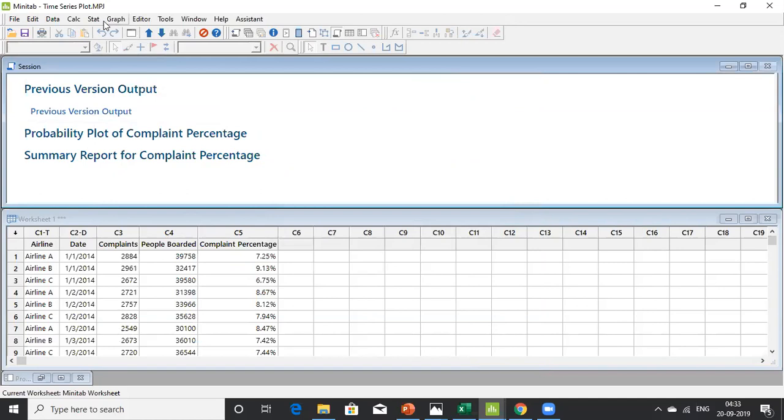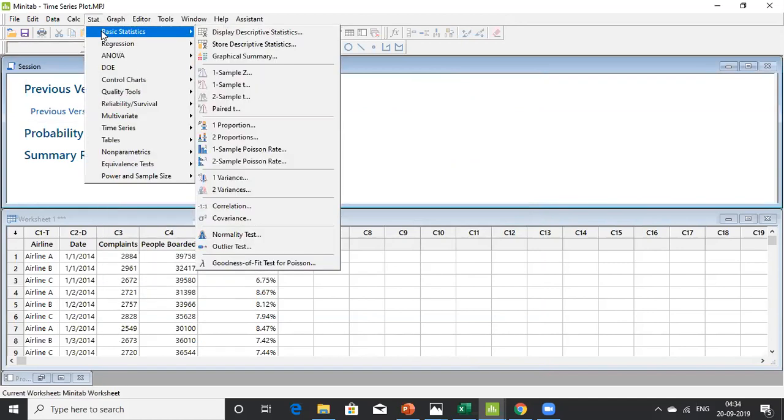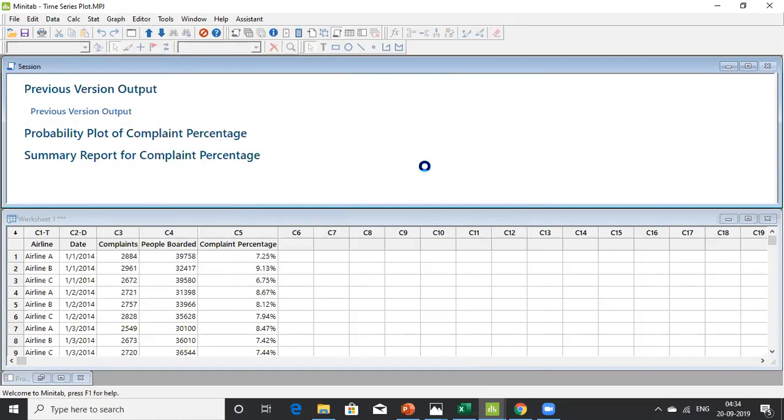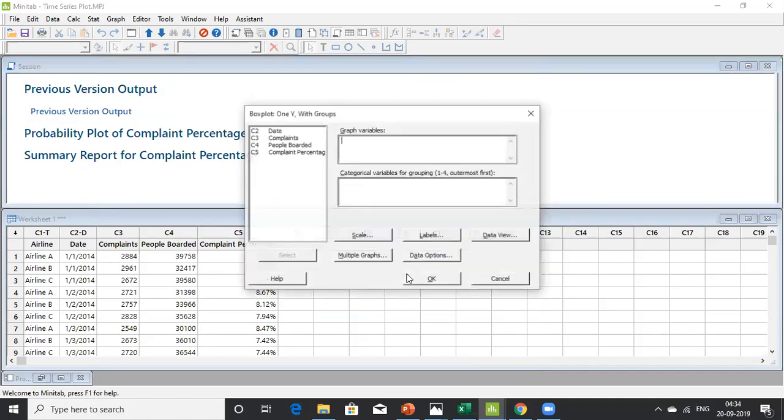And we can also look at different variables. For example, if I put this on a box plot, say I take this with different groups, and the first one is obviously the percentage.